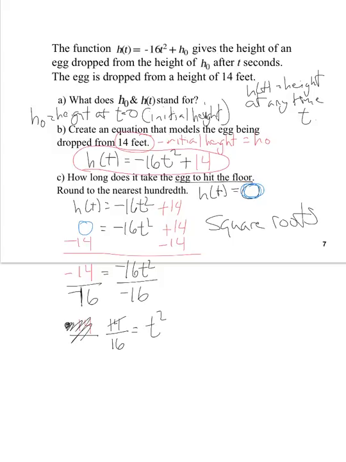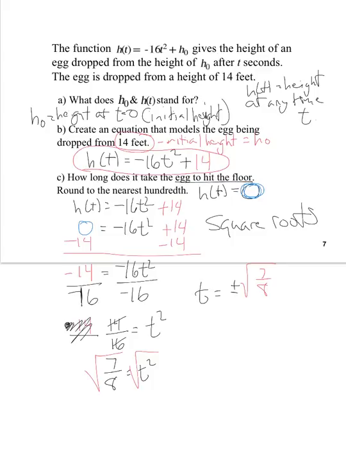I can reduce this. Both have a 2 in common, so I could reduce this to 7/8 is equal to t squared. I'm going to take the square root of both sides of the equation, and I'm going to end up with t is equal to plus or minus the square root of 7/8.